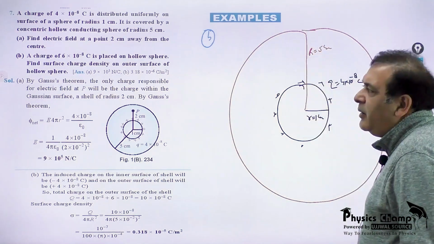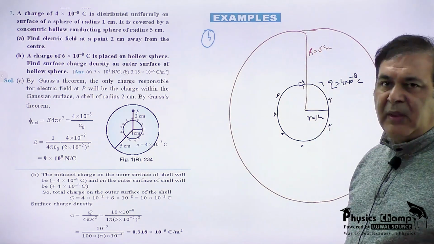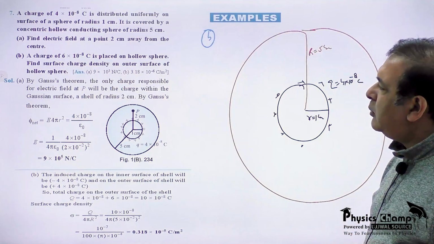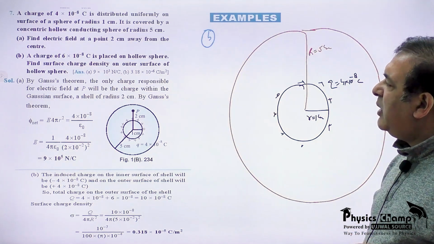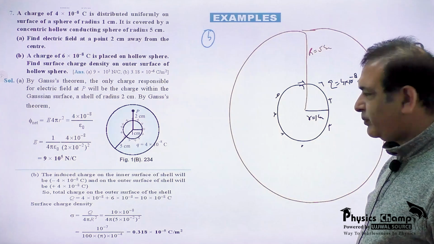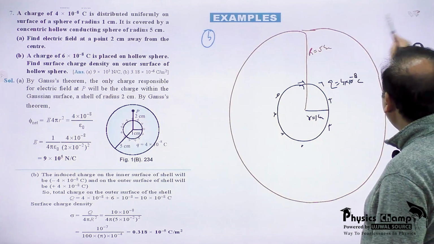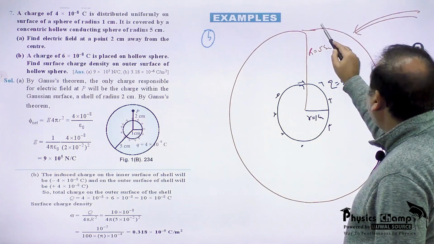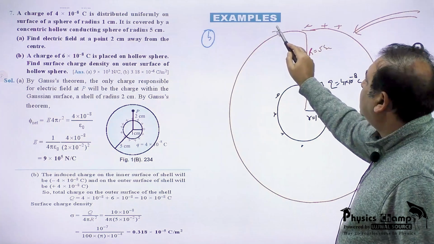Now, the B part of the question says, a charge of 6 into 10 to the power minus 8 coulomb is placed on hollow sphere. So we bring now a charge on this.